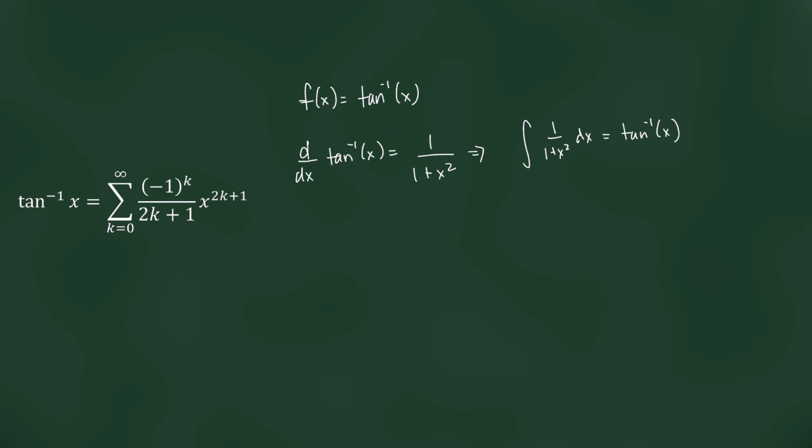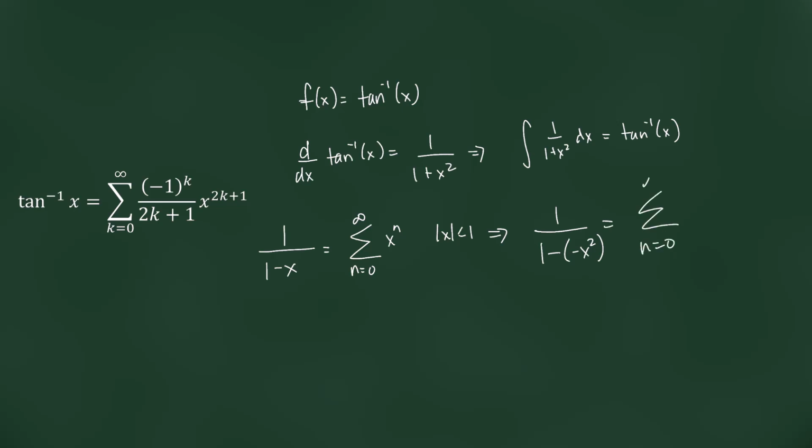How is that helpful? Well, we know that 1 over 1 minus x is equal to the sum from n equals 0 to infinity of x^n for absolute value of x less than 1. This tells us that 1 over 1 minus negative x squared is going to be the sum from n equals 0 to infinity of (negative x squared)^n by using composition of functions to do that.